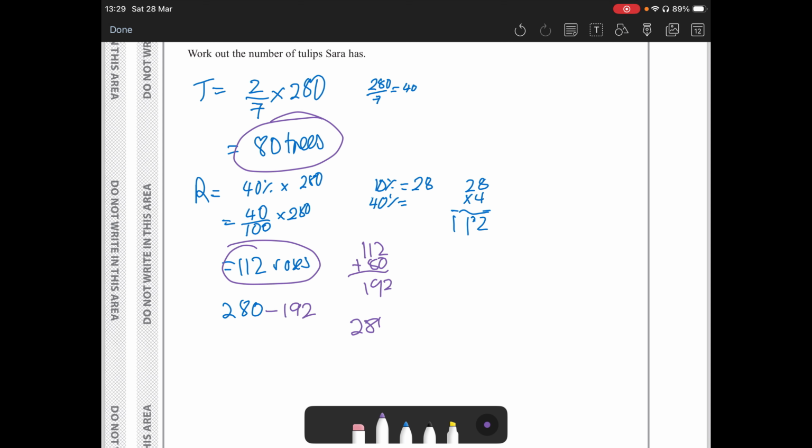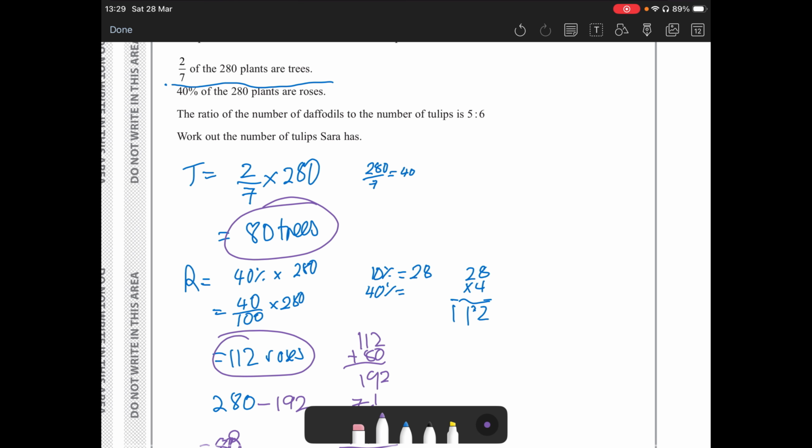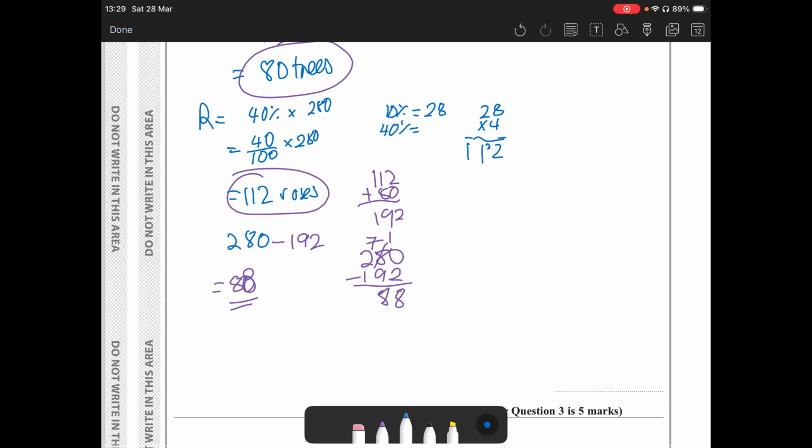So 280 take away 192, you've got 88. Okay, so you've got 88, which is the number of daffodils and tulips. So we now know 88 daffodils and tulips.